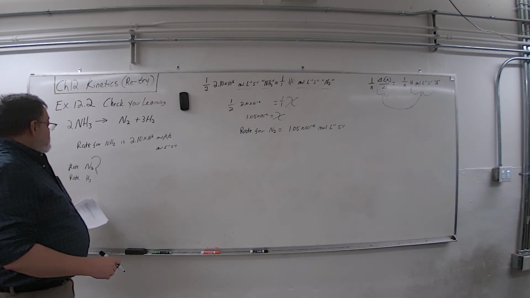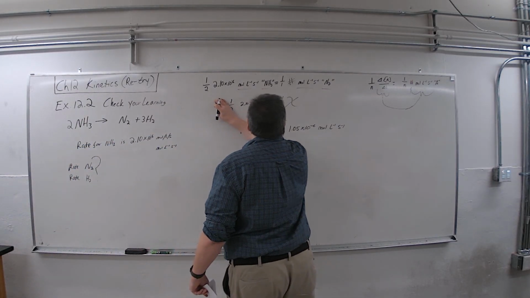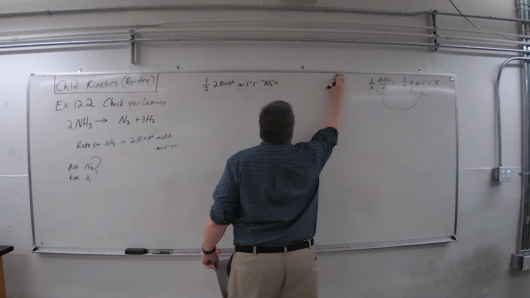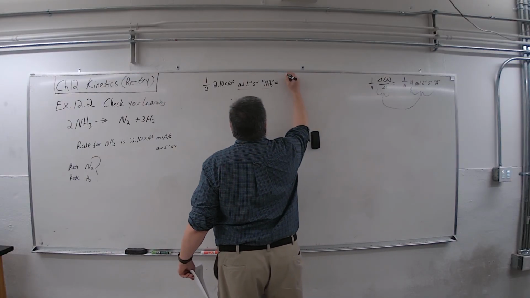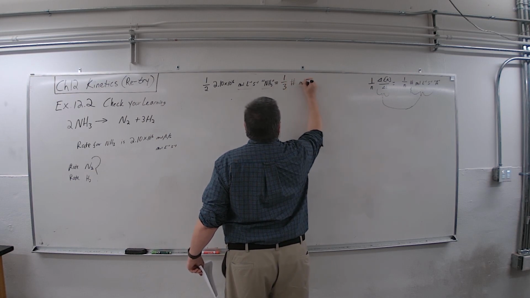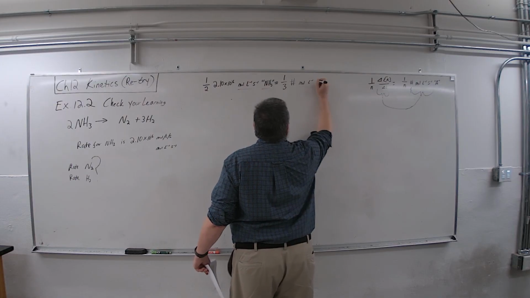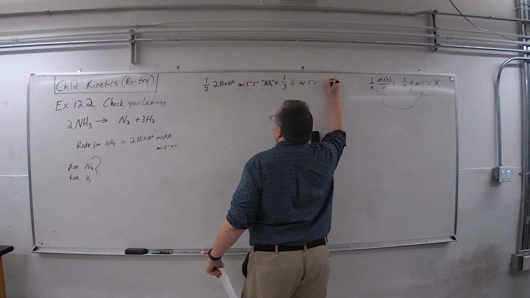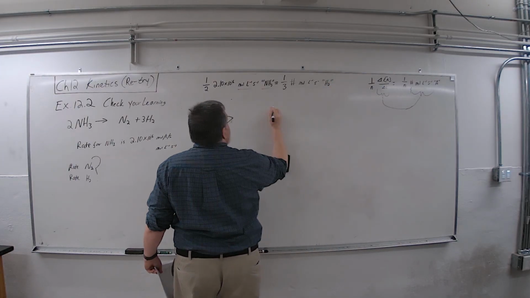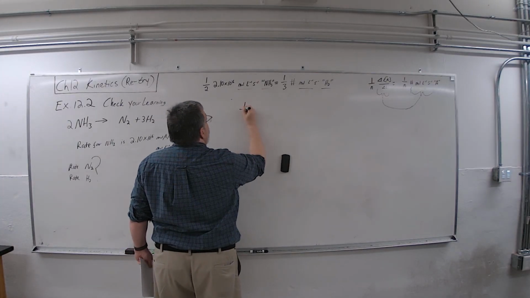All right, the next one is let's do it for H2. Now I'm going to do the 1/3, some numerical value, moles per liter per second, and now it's H2. Again, I'm going to leave the units and the label off, and I'm going to bring this down.